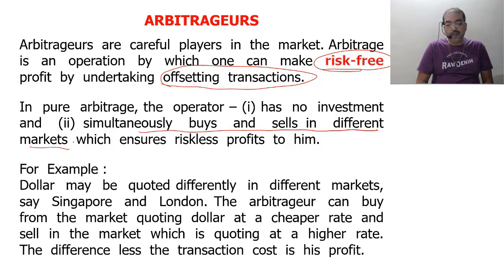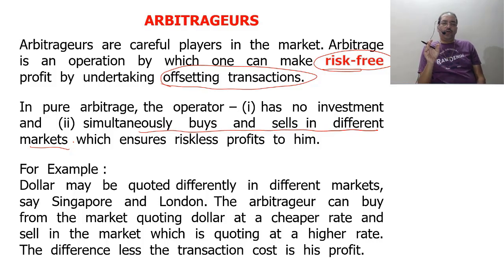For example, the dollar may be quoted differently in different markets, say Singapore and London. The arbitrageur can buy from the market quoting the dollar at a cheaper rate and sell in the market quoting it at a higher rate. The difference, less the transaction cost such as brokerage commission, is your profit.